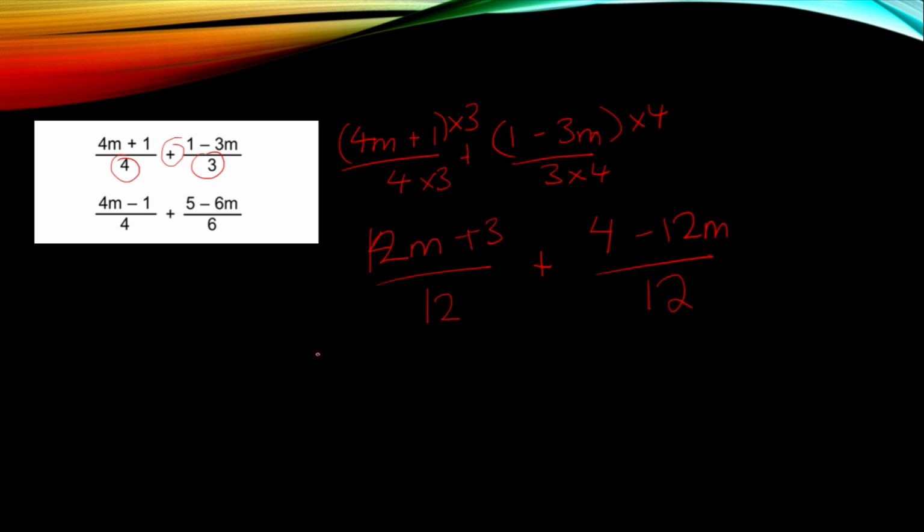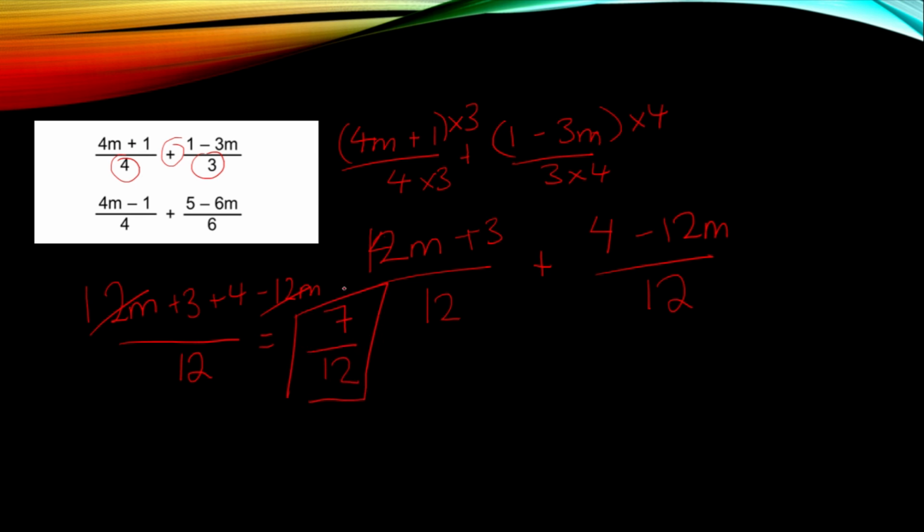And now we can put that together. So now we've got 12m plus 3 plus 4 minus 12m all over 12. Now we can get rid of 12m because 12m minus 12m is 0. Just cross those out. 3 add 4 is 7 over 12. And that is your answer for this question.